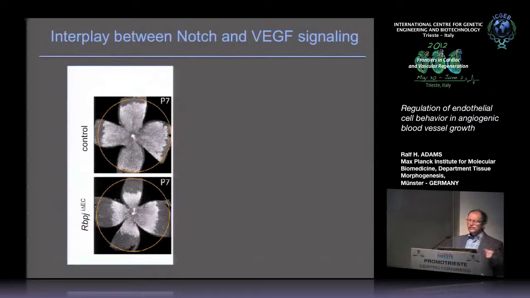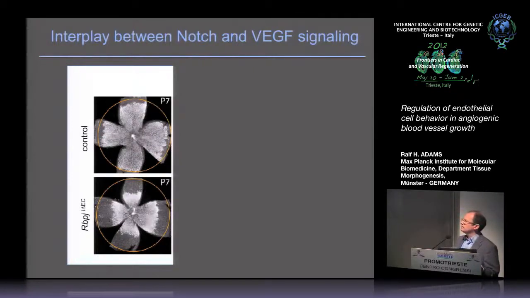So we also then used other approaches to validate the same point, and here's another Notch pathway mutant that I want to introduce. It's an RBPJ mutant. It's an important transcriptional regulator that is essential for Notch signal transduction.